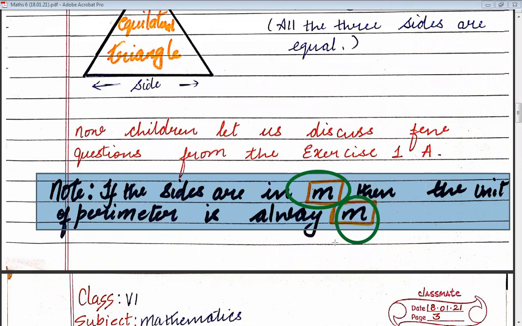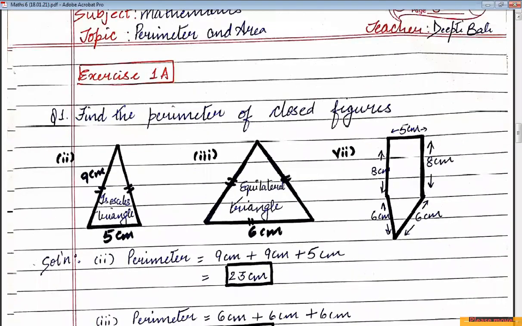Okay. If you have any one side of different unit, you have to convert in one unit only, same unit. Okay, students, be careful about the units. Now let's move on to our question from exercise 1A.